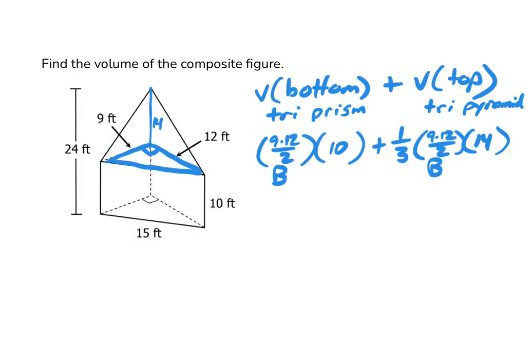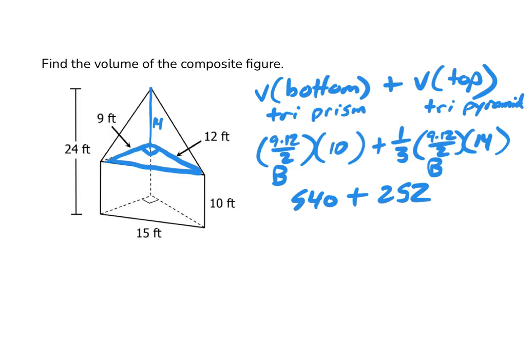Let's try plugging all this in. I kind of like to break it up into two separate parts. So 540 on the left, 252 on the right.